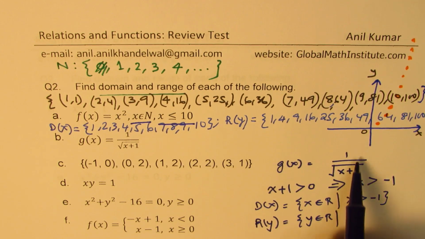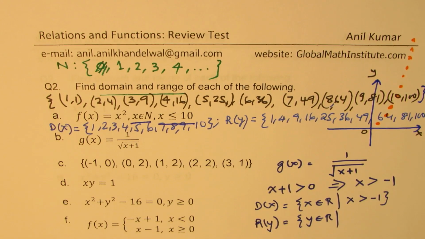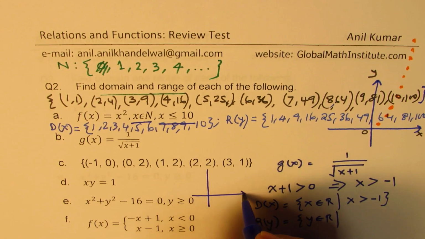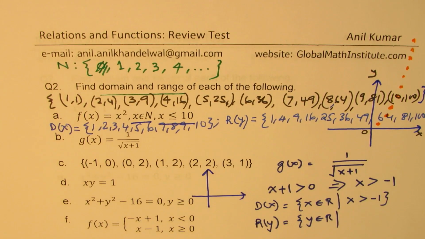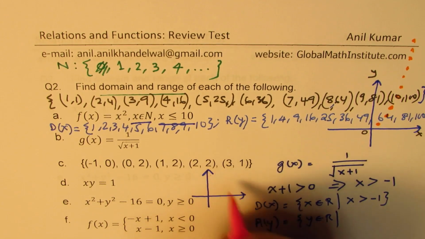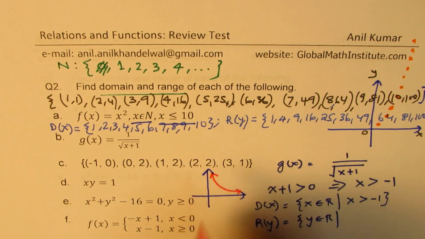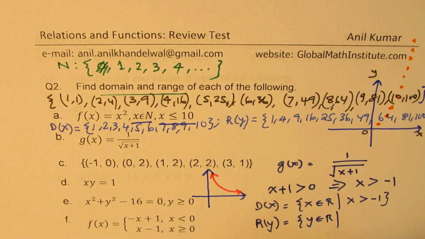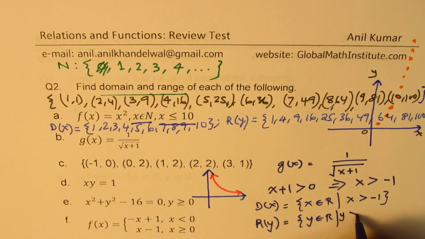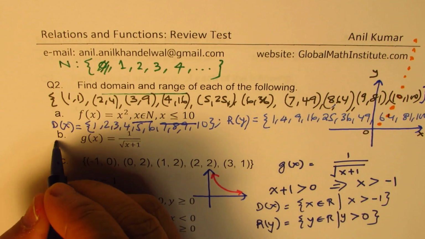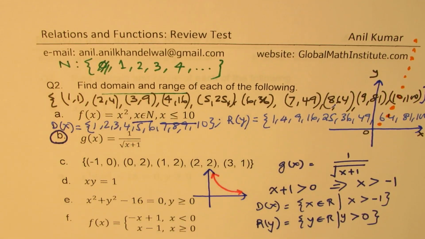If x is 4, you get the value 1 over 2. What will this graph look like? Let me sketch here. The y value is always positive, and it may look like this. So what you notice here is that the y value is greater than 0, and that is the range of this particular function. So we have done part A and B on this page.